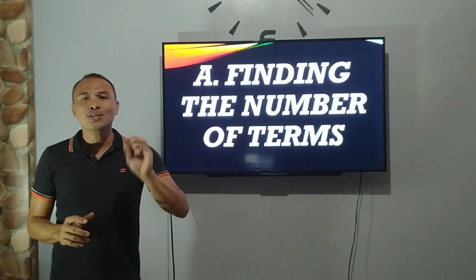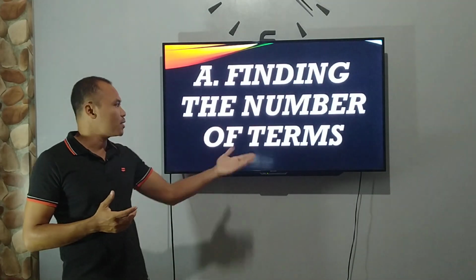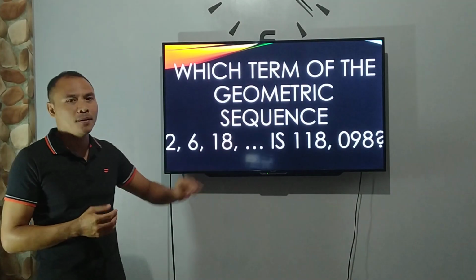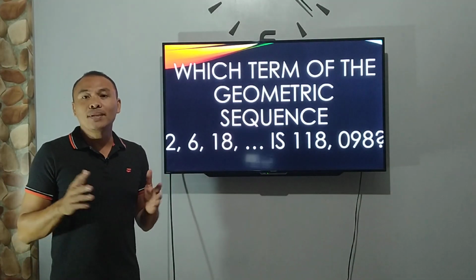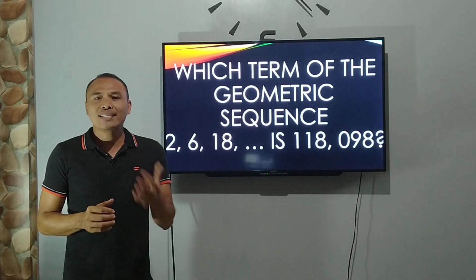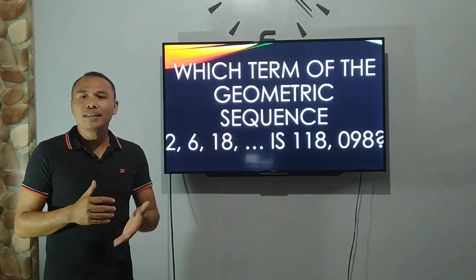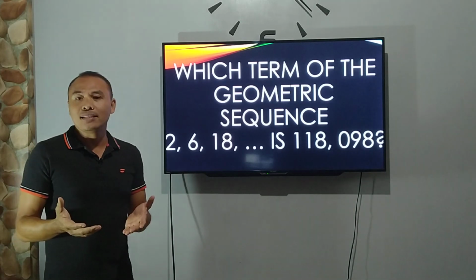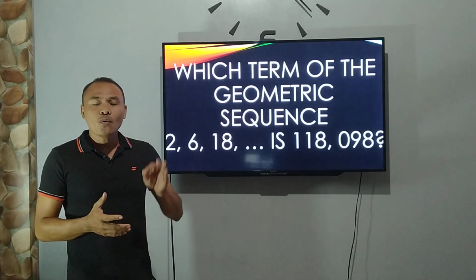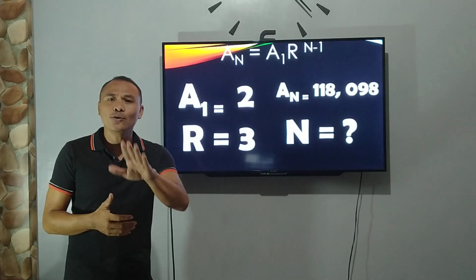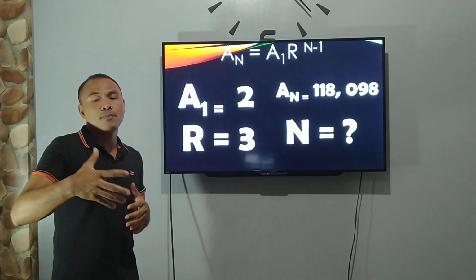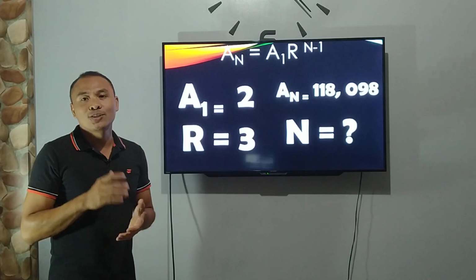Let's find the number of terms based on the first example. Which term of the geometric sequence 2, 6, 18 is 118,098? You need to listen carefully, my dear students, for you to understand what I am going to discuss today.